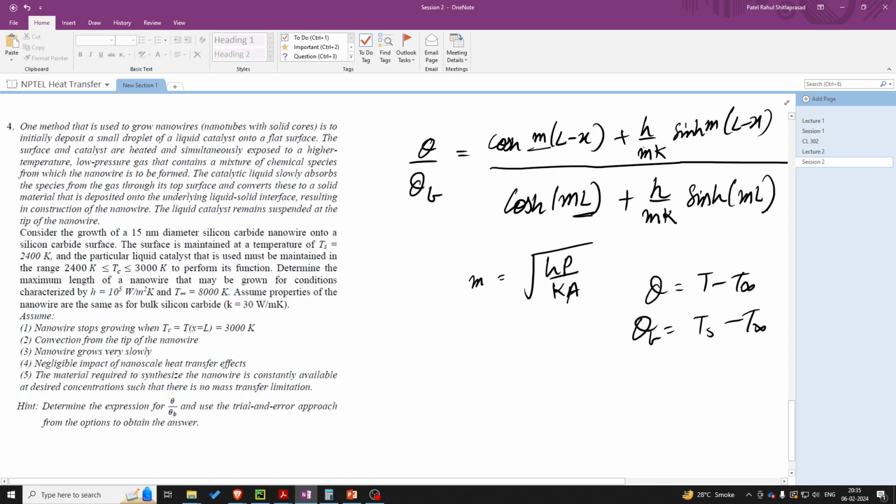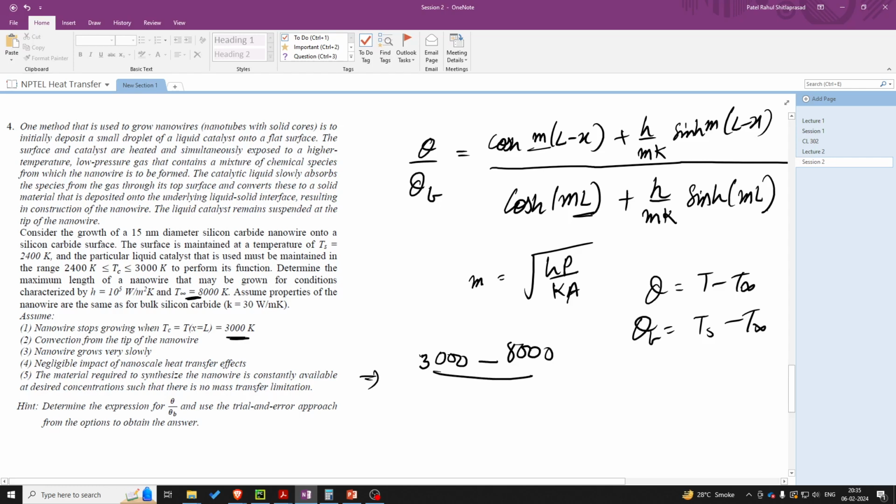Since there is nothing more to solve, I will just straight away share the solution. Over here we are given T. The temperature of the fin we had been given somewhere over here, yes, this 3000 Kelvin we can take, minus the ambient temperature, which I think is 8000 Kelvin over here.